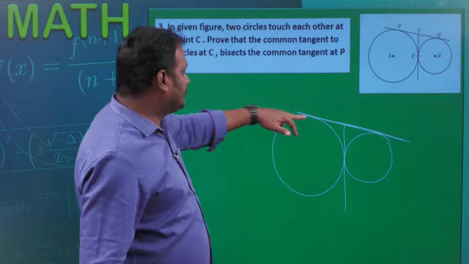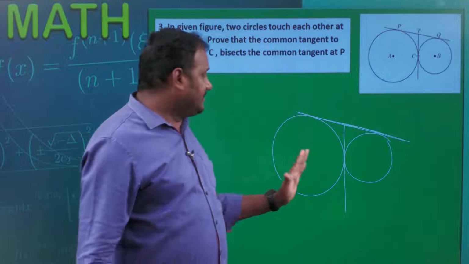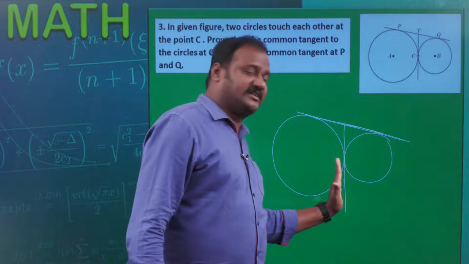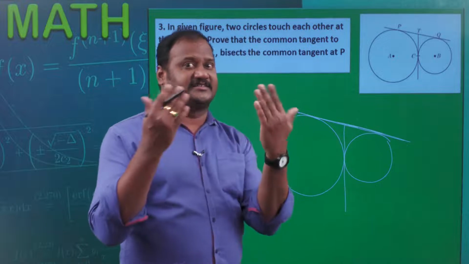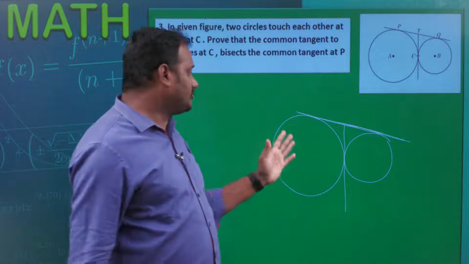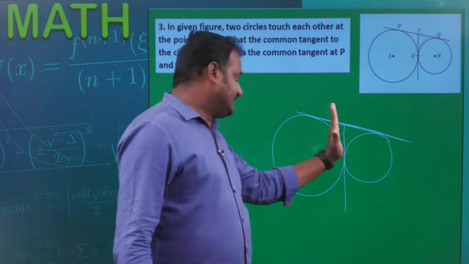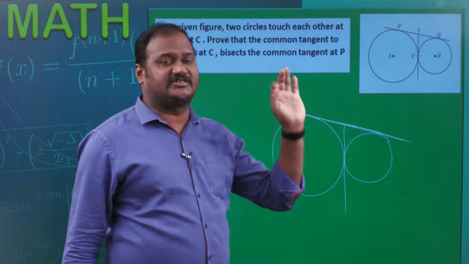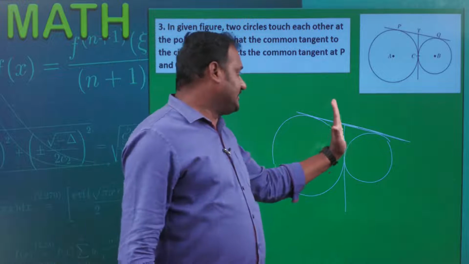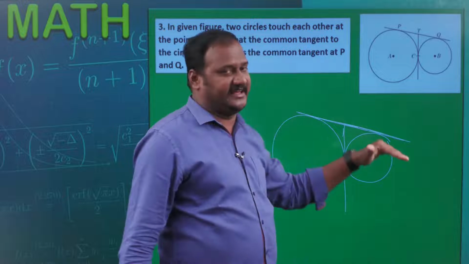So this tangent is said to be the direct common tangent. And this tangent is common to both the two circles and both the two circles lie on either side of the tangent. So those two circles are said to be transverse. For those two circles, this tangent is said to be the transverse common tangent. So this is the transverse common tangent and this is the direct common tangent.